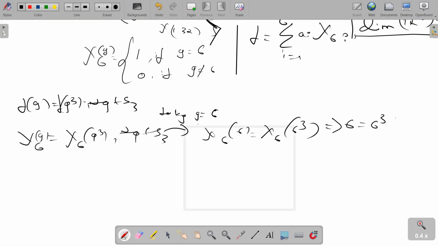So all such characteristic functions which satisfy this will be in that vector space V.